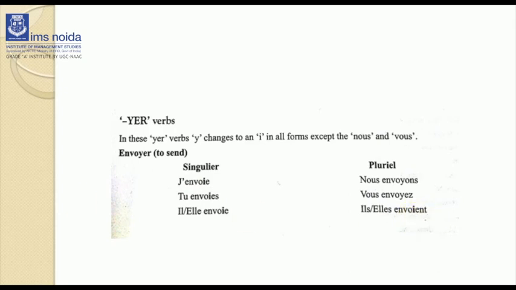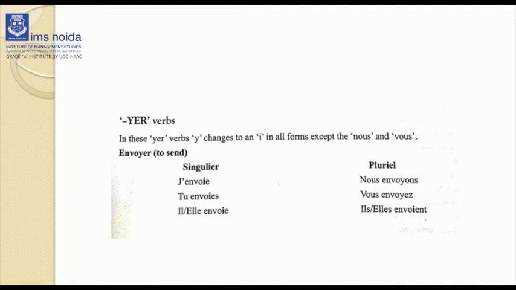I hope these examples were enough to explain the different conjugations and the different rules to conjugate the different groups of the ER group, right? So if you practice these different groups of conjugations, it would be very easy.